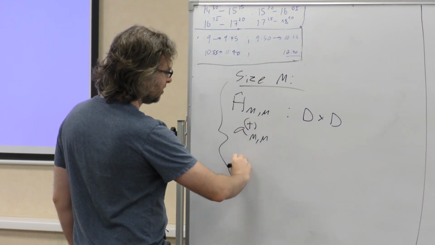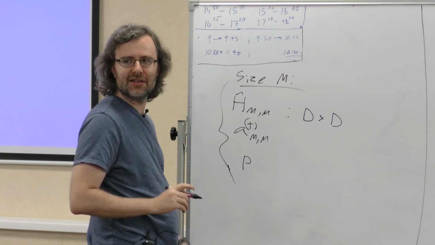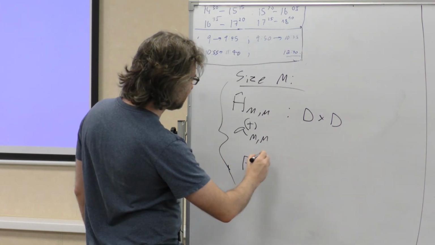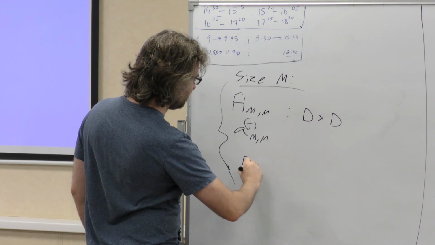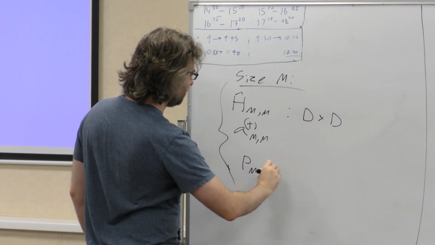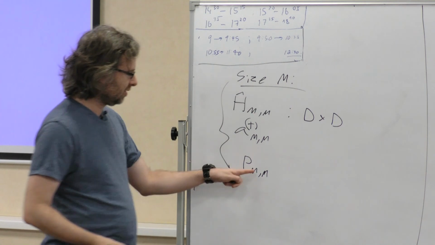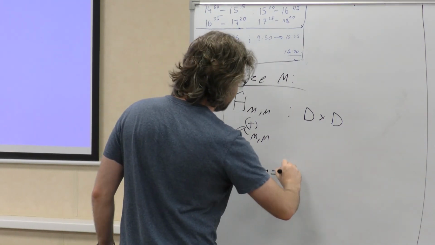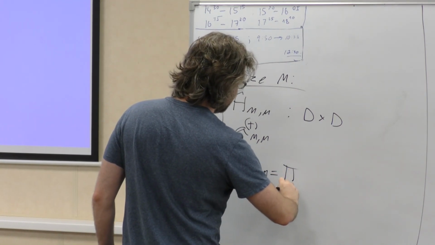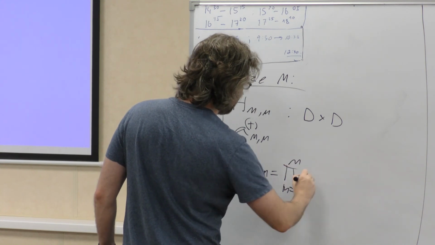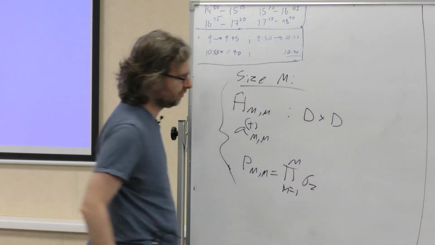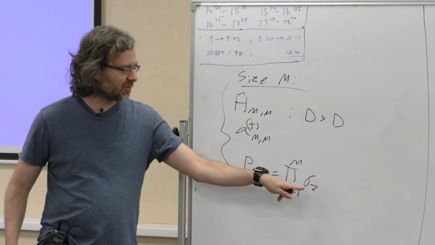And I'll need this operator that we used in order to define second quantization operators, which is P_m for an m-site system. So this is just the product from m=1 to big M of sigma z, where these are outer products.